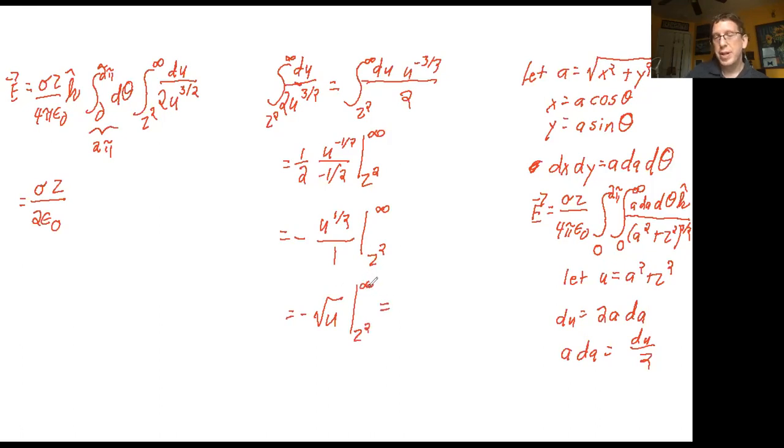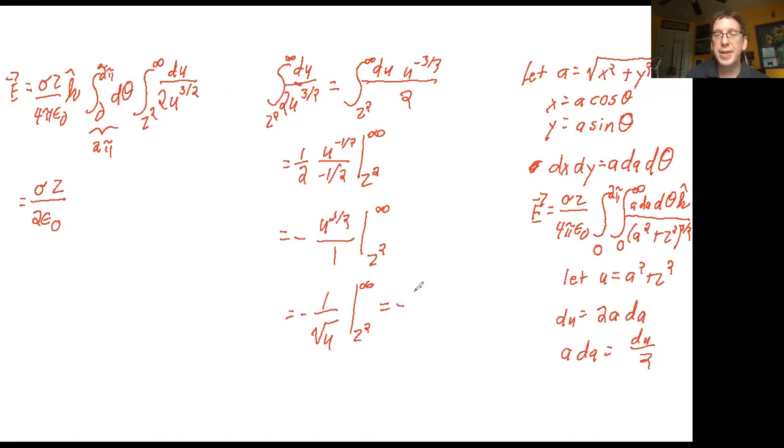Or rather, negative 1 over the square root of u, since u to the negative 1/2 is equal to 1 over the square root of u. So this becomes negative 1 over the square root of u from z squared to infinity. 1 over the square root of infinity is simply 0.